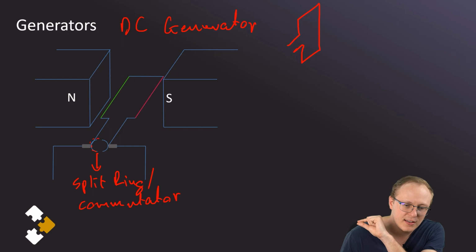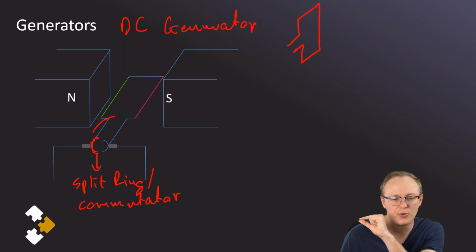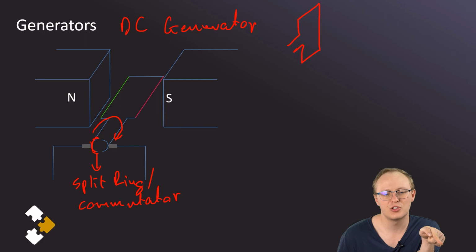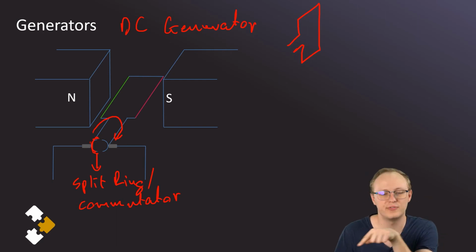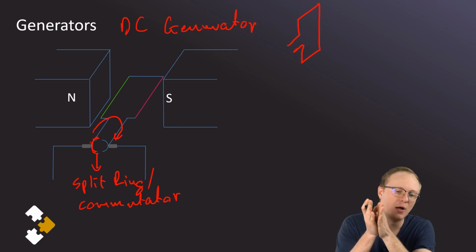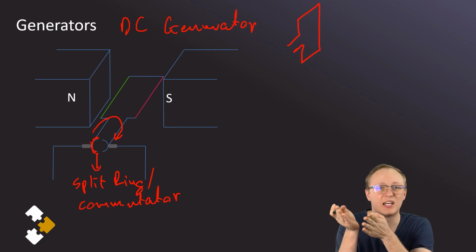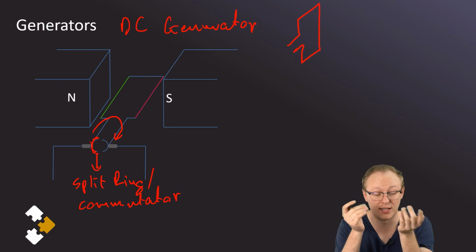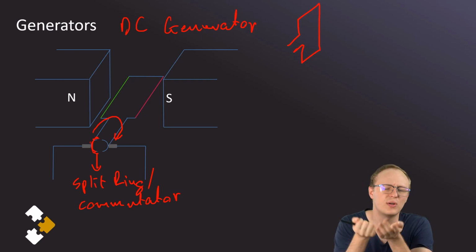If you see this side, which is connected to the green, if that armature goes all the way around, that green side is going to be attached to the other side of the circuit. And the same thing for the pink. The pink that is now connected on the south side is going to be connected on the north side. So what does this mean?